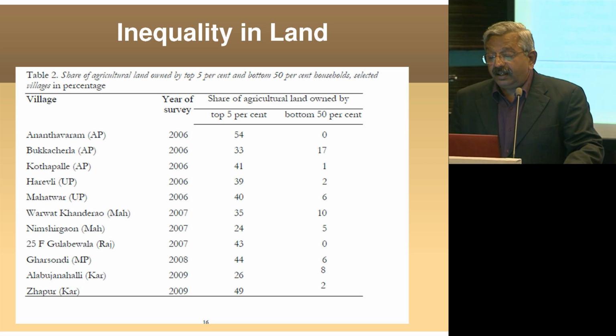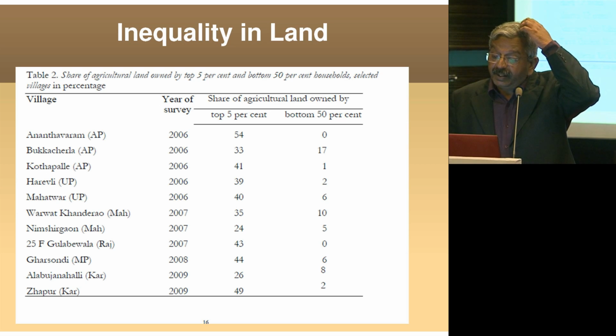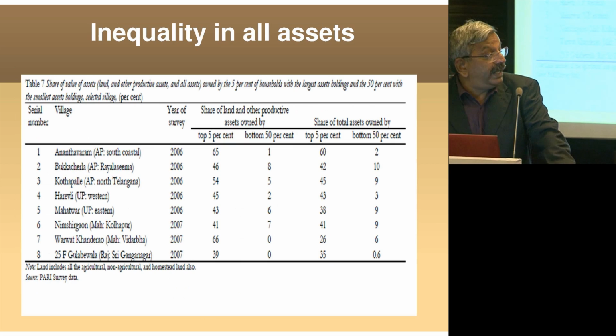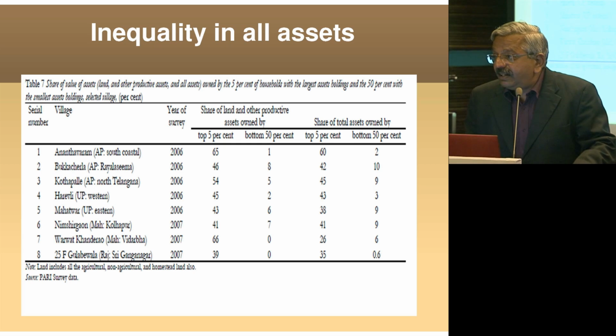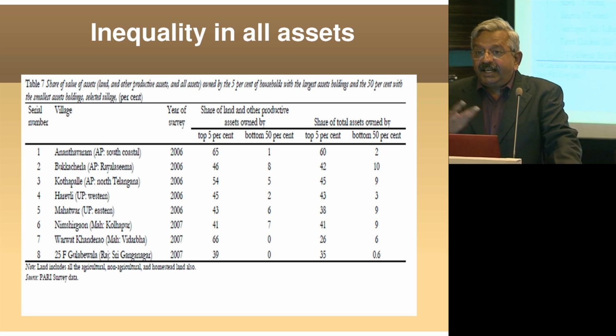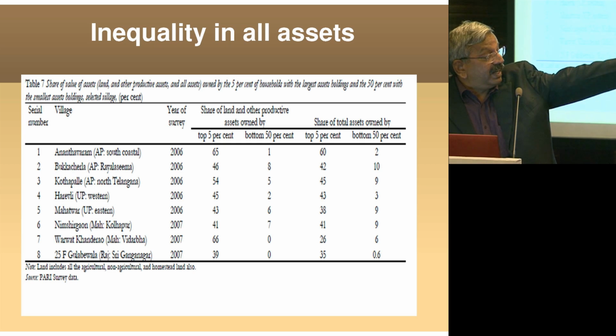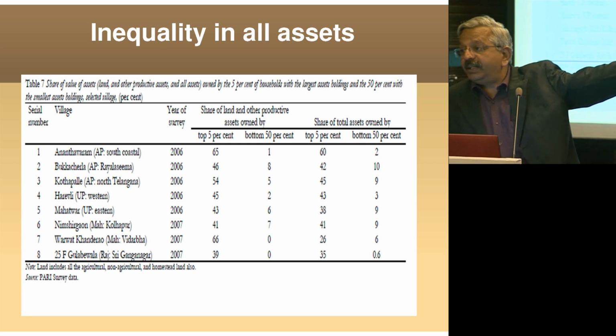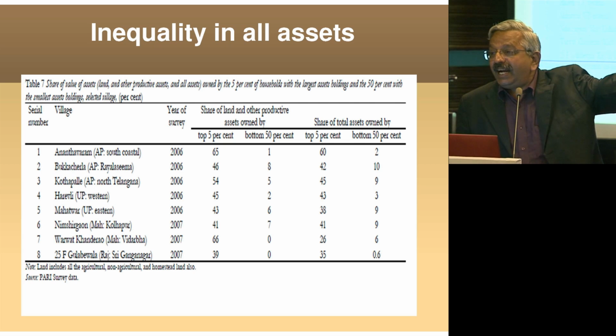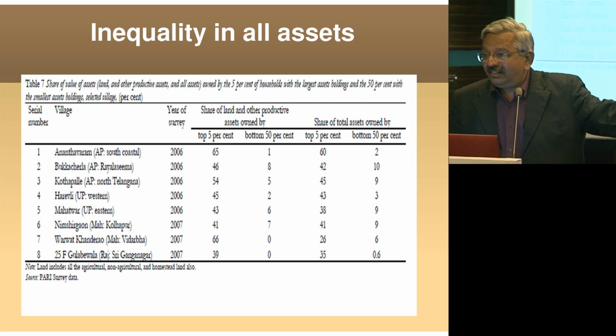This is another data set assembled separately, same table. But if you take into account all assets, and this includes productive assets, machinery and things like that, it would include houses, value of houses, then this difference is incredible. So in all these villages surveyed, the bottom 50% own no more than 10% of all assets.